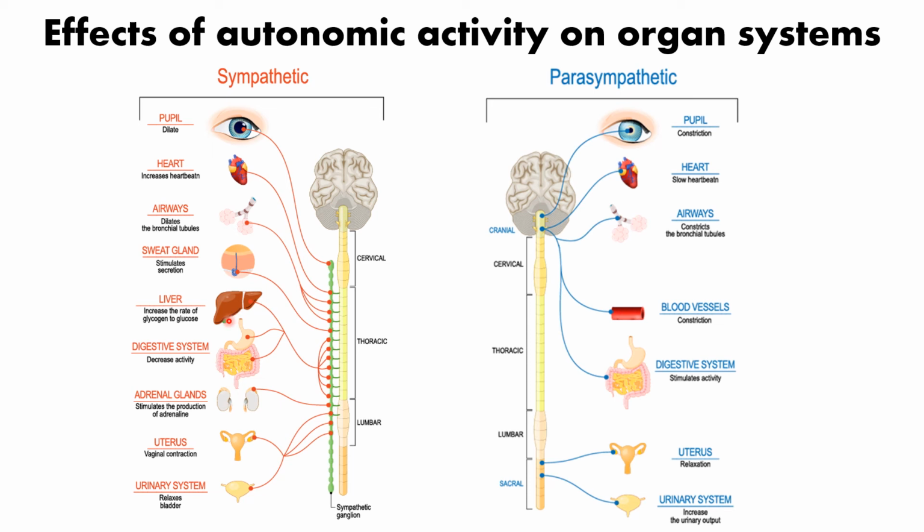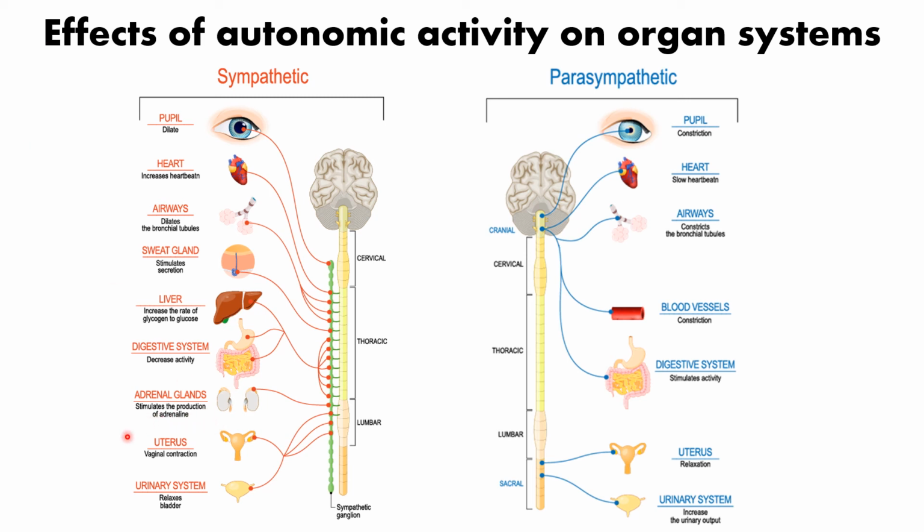Again, if we think back to fight or flight, this is really important, because when we're fleeing away from a lion, we would want our body to have adequate energy to do so. We get our energy primarily from glucose, and glucose primarily from the breakdown of stored glycogen.